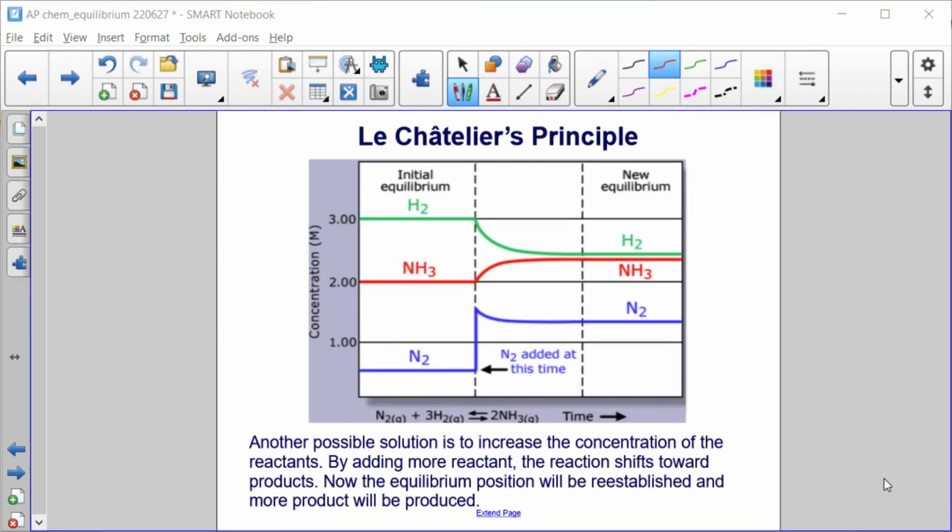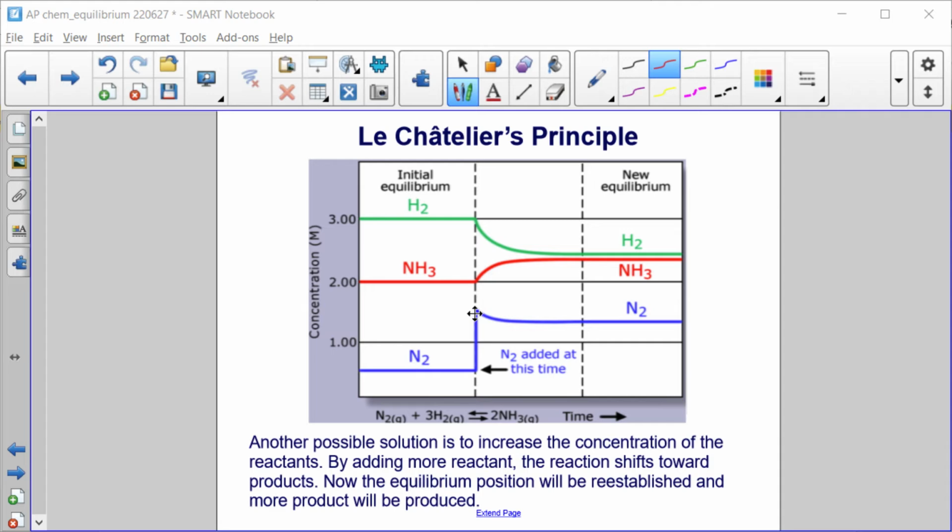Another possible solution is to increase the concentration of the reactants. So I have an initial equilibrium, H2, NH3, N2. At this time, I add more reactant. I add N2. By adding more reactant, remember if we increase the concentration of the reactant, we shift the equilibrium toward the product to consume some of that excess or additional reactant.